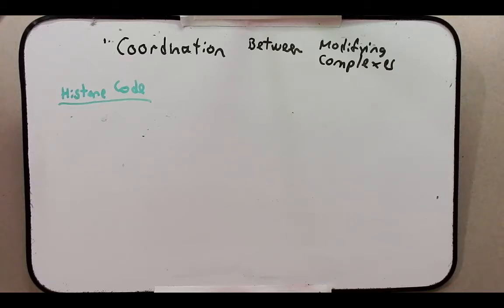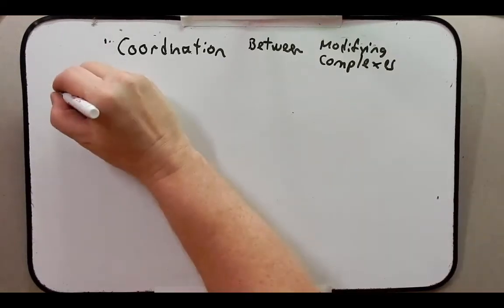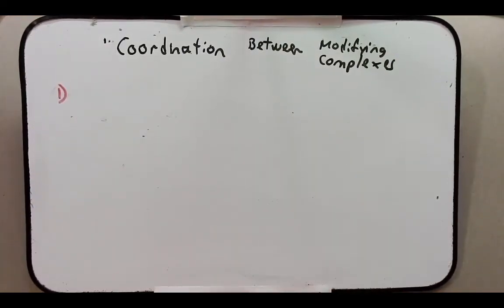So we would expect to see certain things. We would expect to see heavy methylation in some areas of the chromatin. We would expect to see heavy acetylation in some areas of the chromatin. We would expect to see a mixture of both, depending on certain factors. So let me write down what we think we would see.